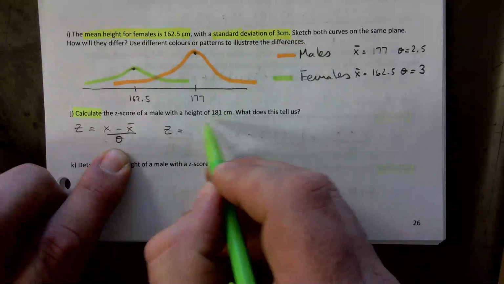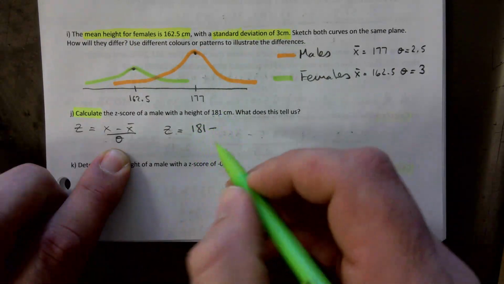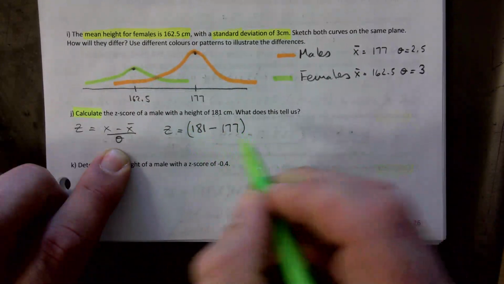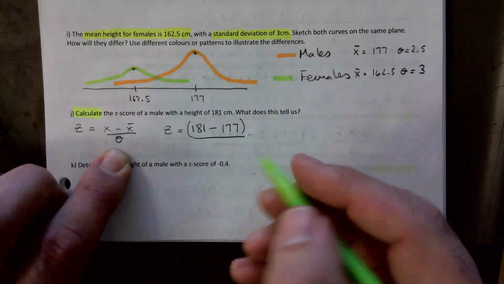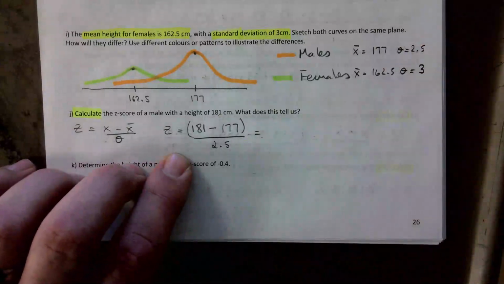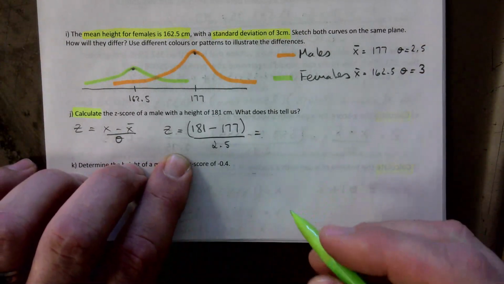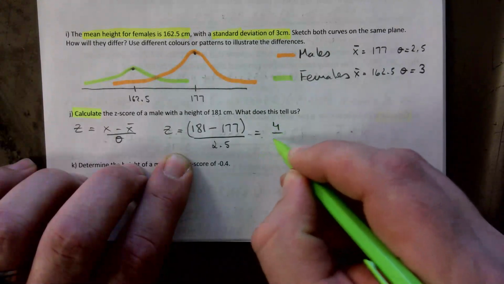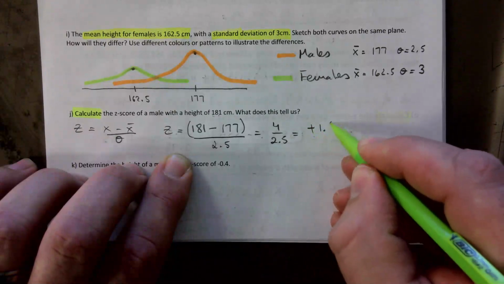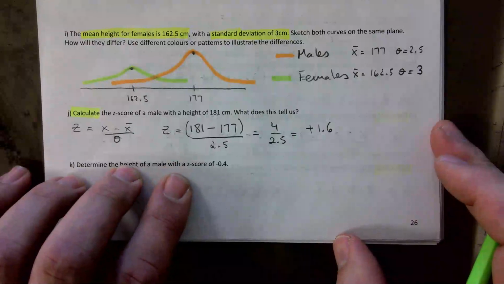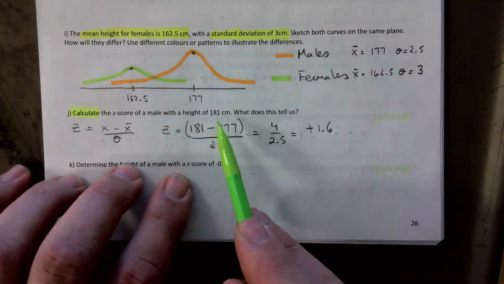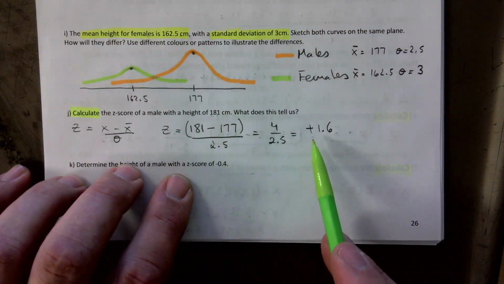The x value here is 181. The average, I was told already at the beginning of this question, was 177. The standard deviation I was also told is 2.5. So when you subtract these two, you get 4 over 2.5, and that would be positive 1.6. So if your height is 181 centimeters, that is the equivalent of a z-score of 1.6.